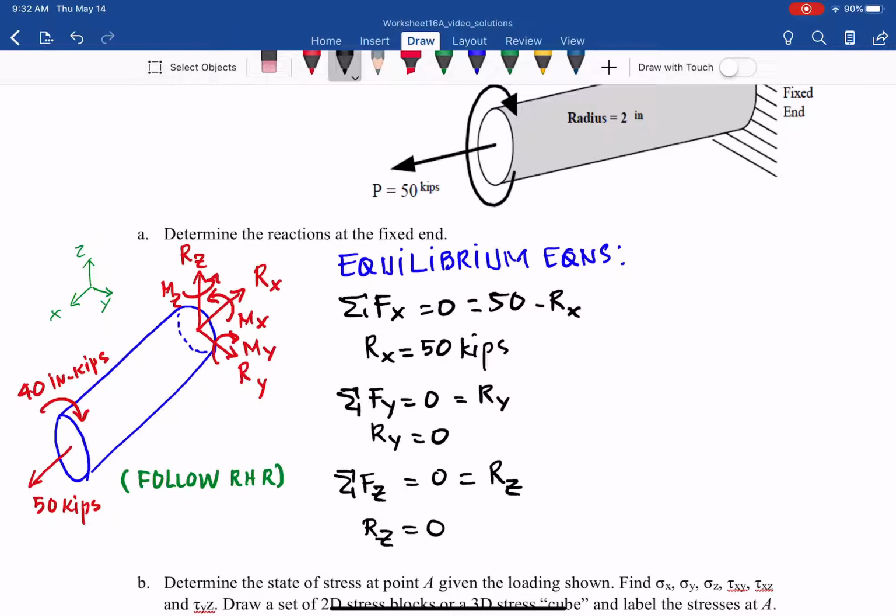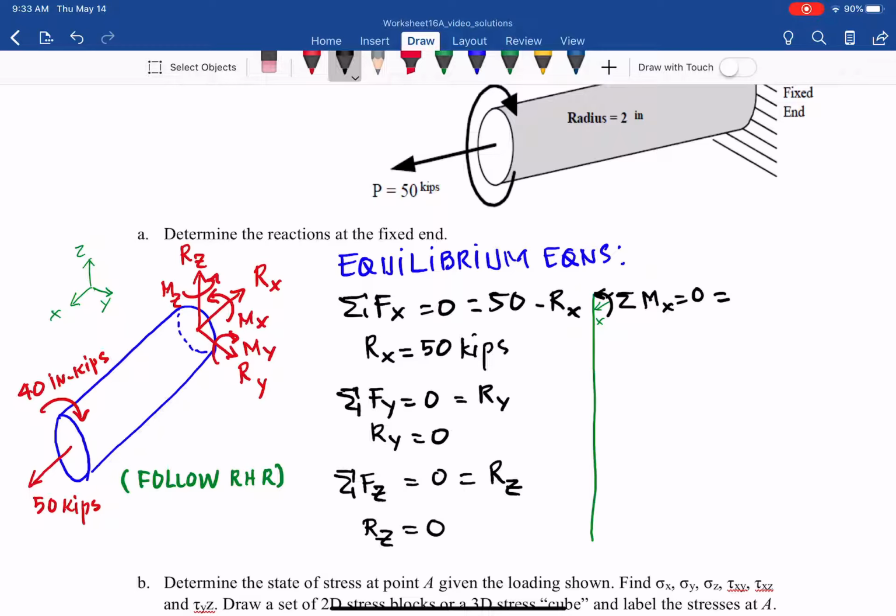And now the moments. Sum of all the moments about X, following the right hand rule, positive X, equals 0.